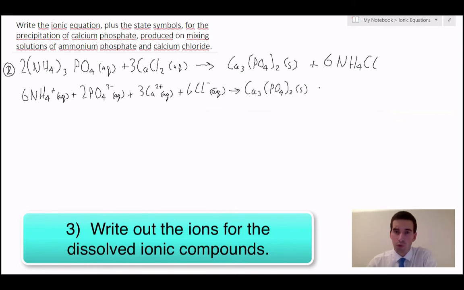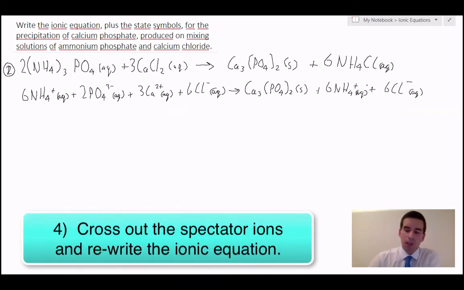While the ammonium chloride is, oops, I've forgotten the state symbol on that, cardinal sin. Okay, so we have 6 ammonium ions and 6 chloride ions. So we've only got 1 step left, and that is to spot any spectator ions.